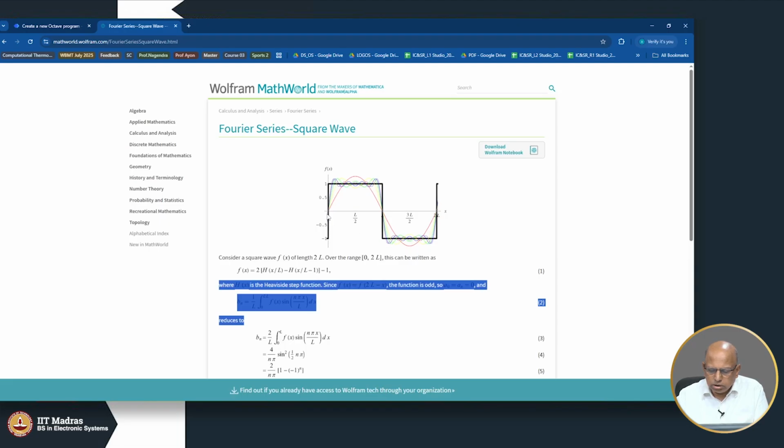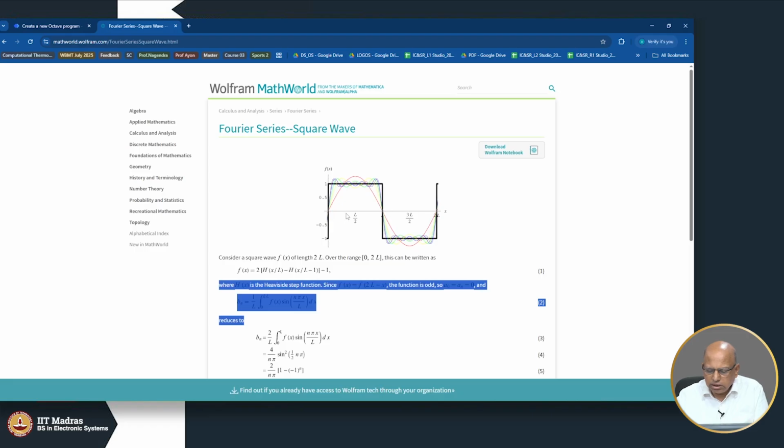Now, what you can do is imagine a sine waveform of the same frequency. The red curve is a sine waveform of the same frequency. Then you have to imagine a sine waveform of 3 times this frequency.